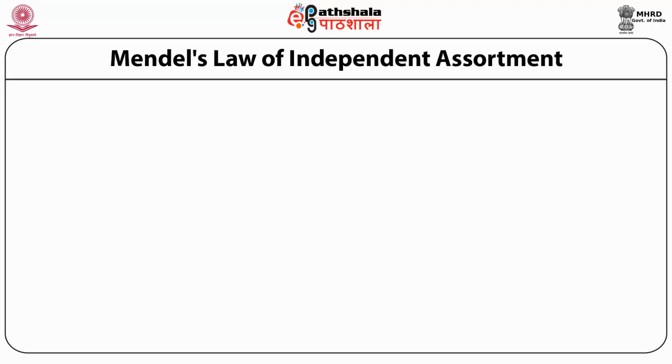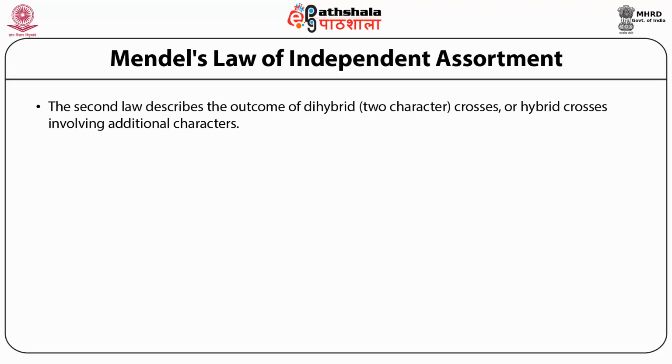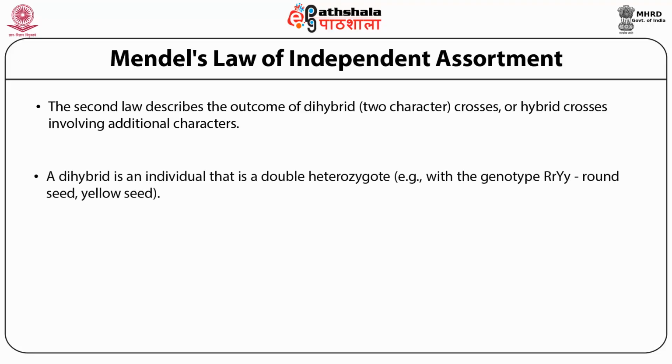Mendel's law of independent assortment. The second law describes the outcome of dihybrid crosses, or hybrid crosses involving additional characters. A dihybrid is an individual that is a double heterozygote. Example given with the genotype uppercase R, lowercase r, and similarly uppercase Y and lowercase y.